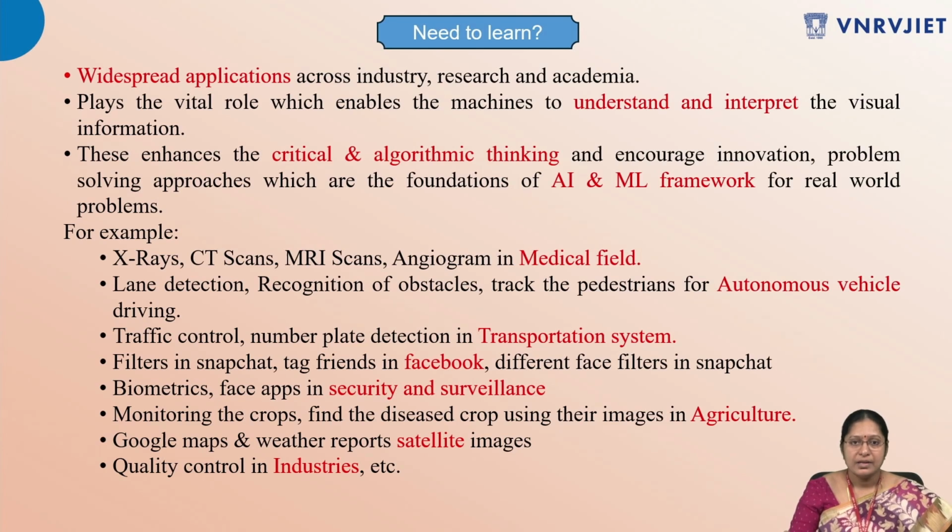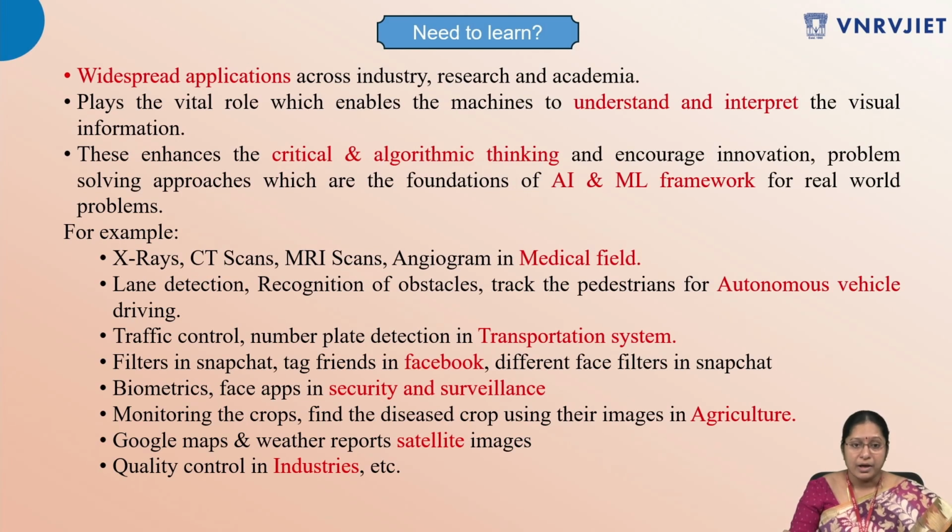For example, X-rays, CT scans, MRIs, angiograms in the medical field, and lane detection, recognition of obstacles, tracking pedestrians for autonomous vehicle driving, traffic control, number plate detection in transportation systems. Daily we are using biometric face recognition in smartphones, in security and surveillance.